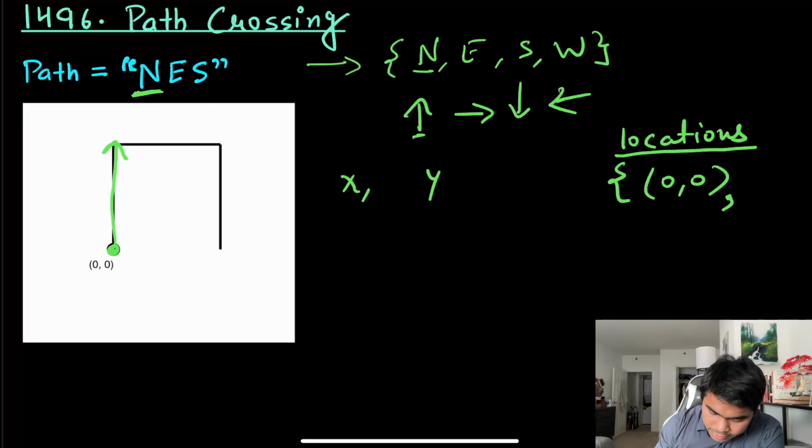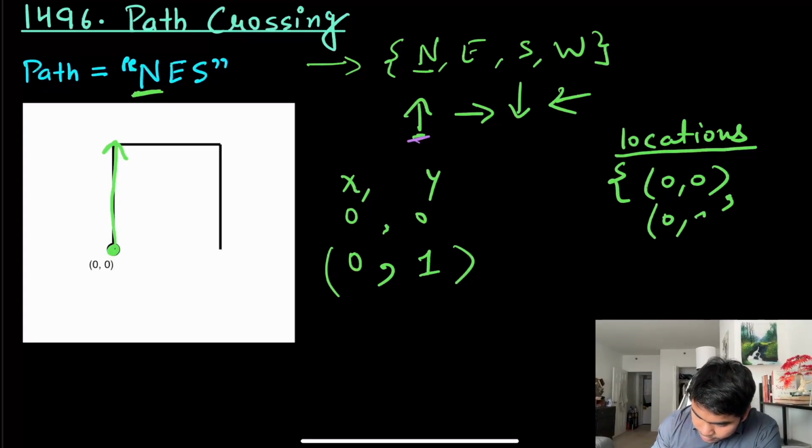Now X and Y were 0, 0. X remains 0, and in the Y position you're going one up, so you add 1 to 0. So it becomes (0, 1). Now we'll add this to our locations because we have visited that.